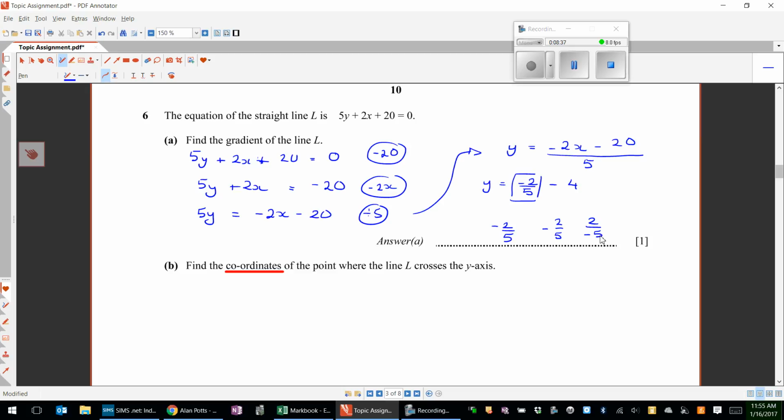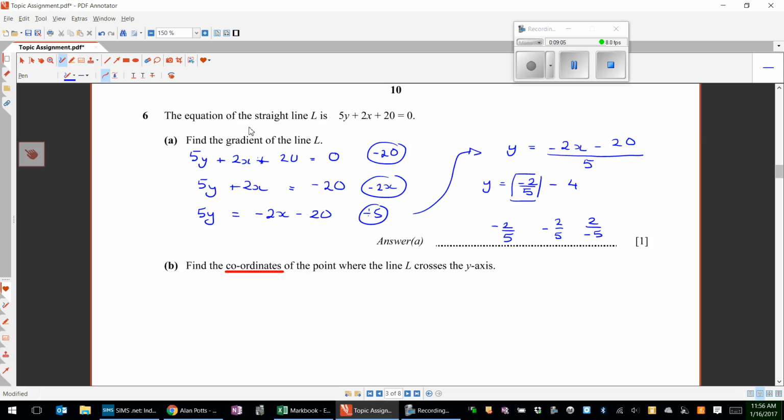If you still have that somewhere on the line, can you still take that? What do you mean? Yeah, the equation. Well, it's a good point. Because it's 1 mark, in this case, I would suggest they are specifically asking for the gradient.